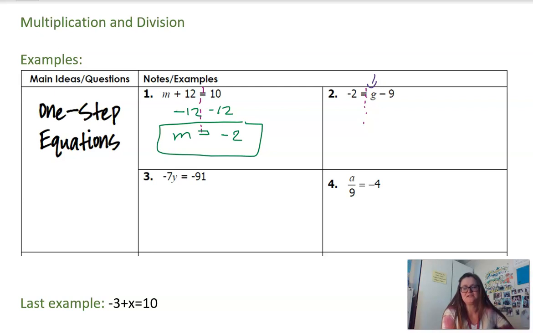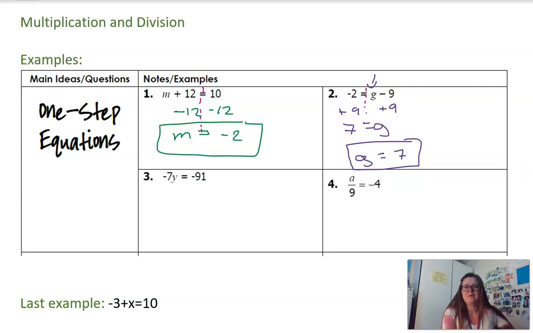Since this is a subtract 9, we're going to add 9 to both sides of the equal sign. The 9s become 0. g minus 0 is just g. And then negative 2 plus 9 is 7. So 7 equals g, or if it makes you feel better, g equals 7.